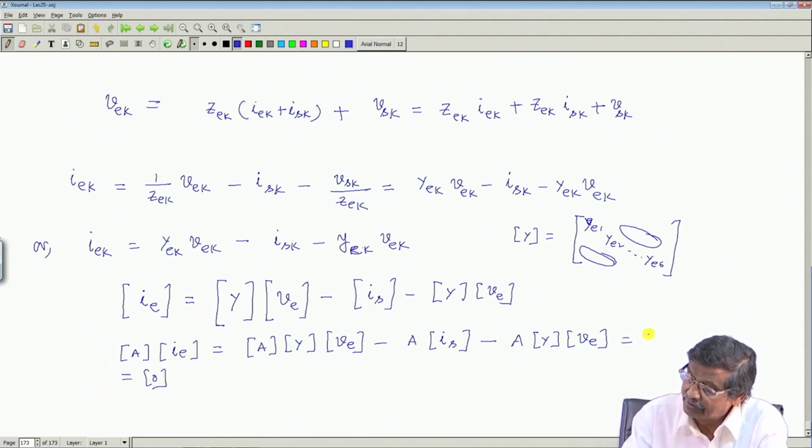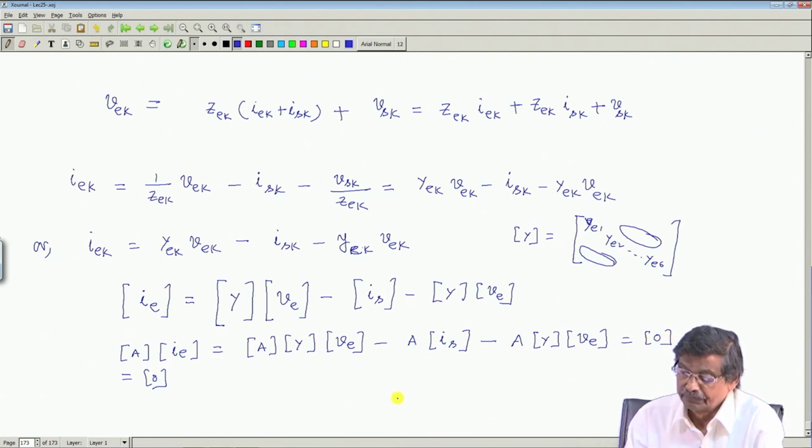So this is equal to a column 0 vector, is it not?